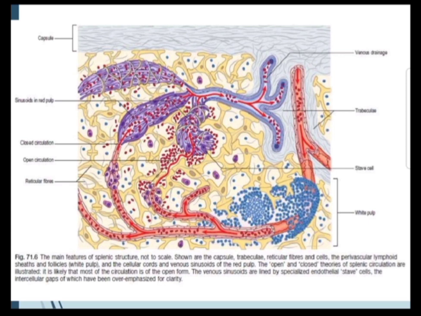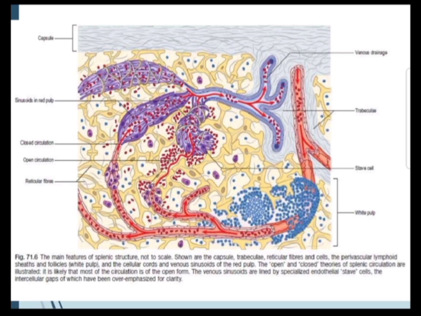The storage of blood is also another function of the spleen. As I have already told you, the splenic capsule is contractile, having smooth muscles, and this is because the sponge-like structure of the spleen has the capacity to store blood, but this storage capacity is not very well pronounced in human beings.